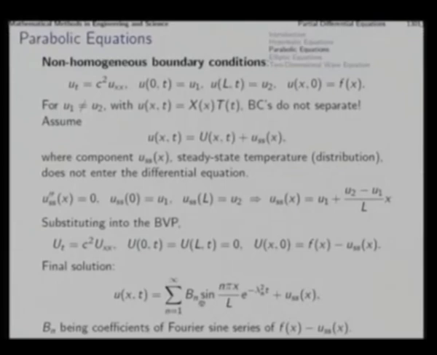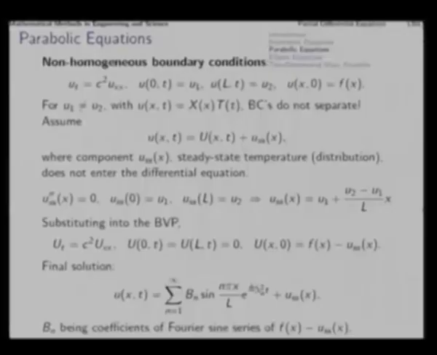Now, the steady state solution will be this, which will remain after enough time has passed, and this will be the transient component. In this case the coefficients Bn will be found from the Fourier sine series of not f(x), but f(x) minus U_SS.